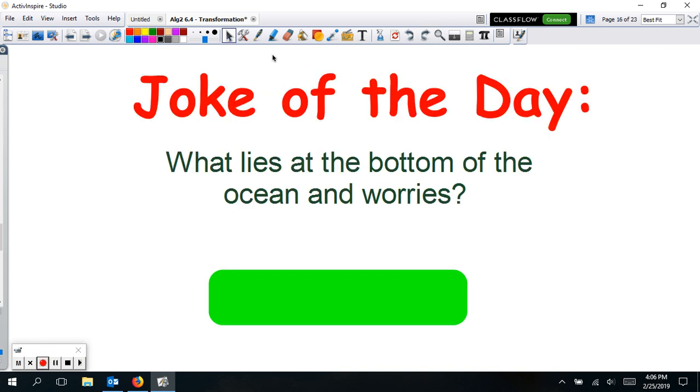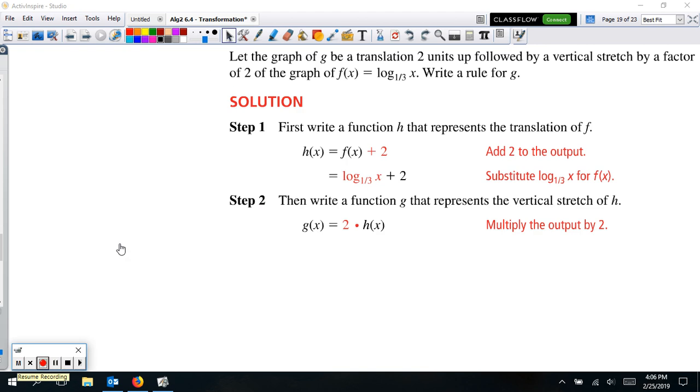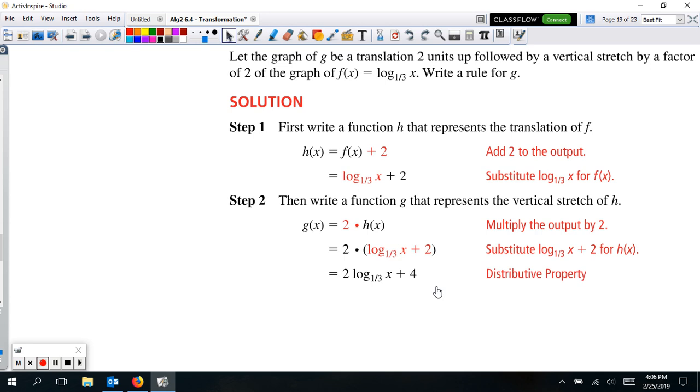Here you can see that we're going to multiply the whole function now. This whole thing here is our h of x function. We're going to multiply the whole thing by 2. So 2 times this whole thing. We're going to distribute the 2 inside here. So 2 in front of the log, and then 2 times 2 will make that 4 in the back. There's our new function for g. That's what we're trying to write.